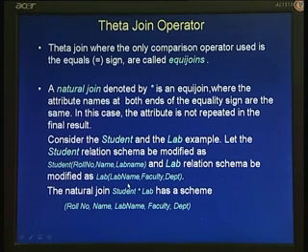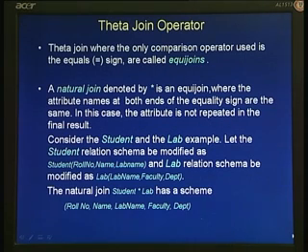Now as you can see here, the lab name attribute is the same between the student and lab relations. Now if I say student star lab, which denotes a natural join between student and lab relations, it returns a relation of this structure, that is the first three are the attributes of student and the last three are the attributes of lab, and the middle attribute here, lab name, is the common attribute between student and lab.